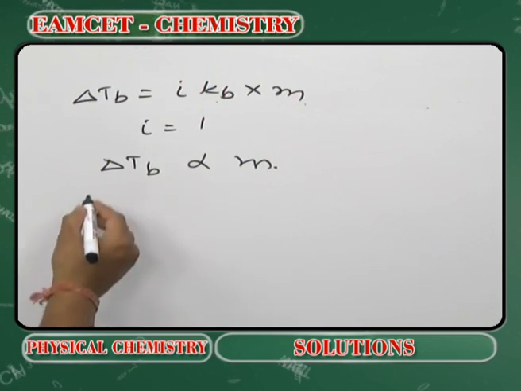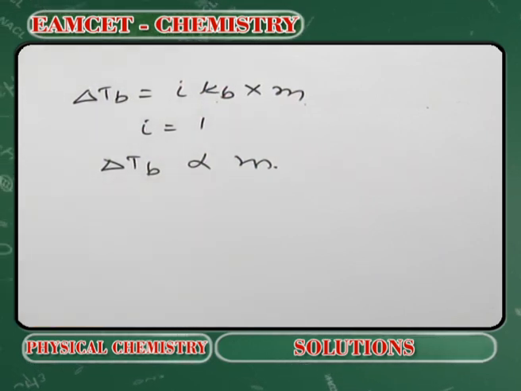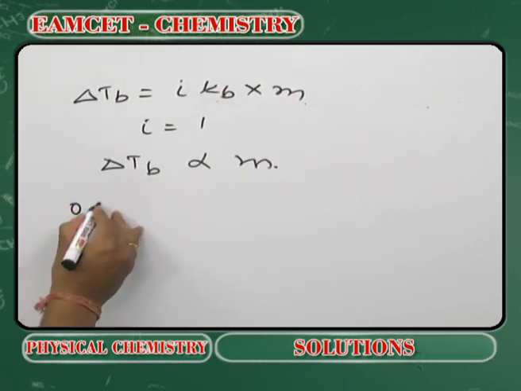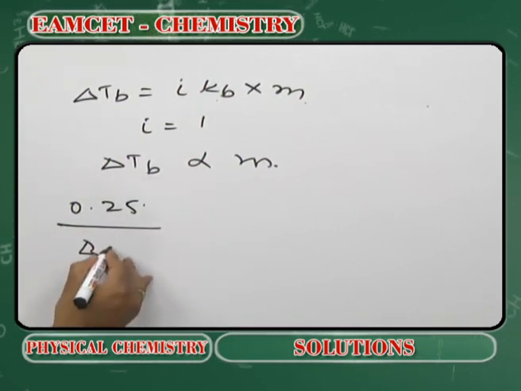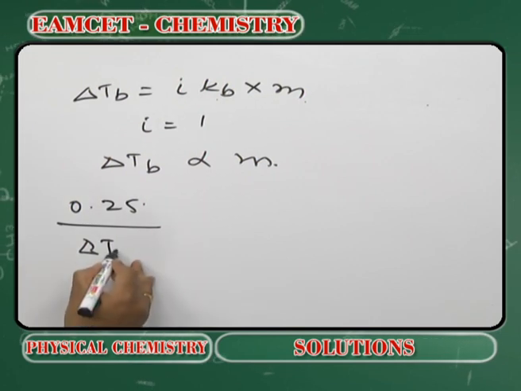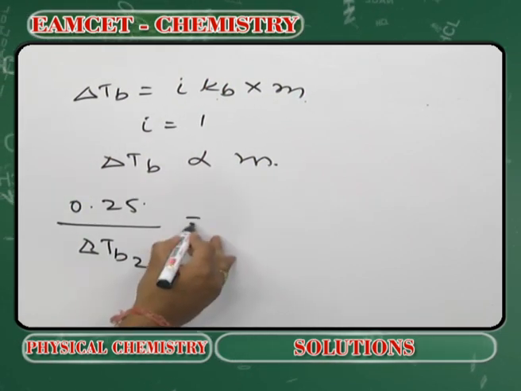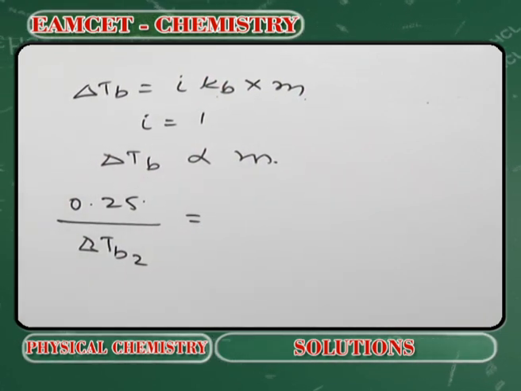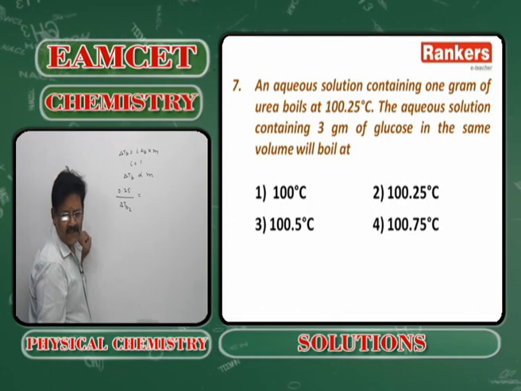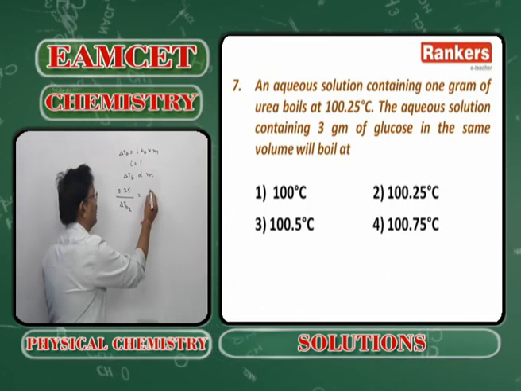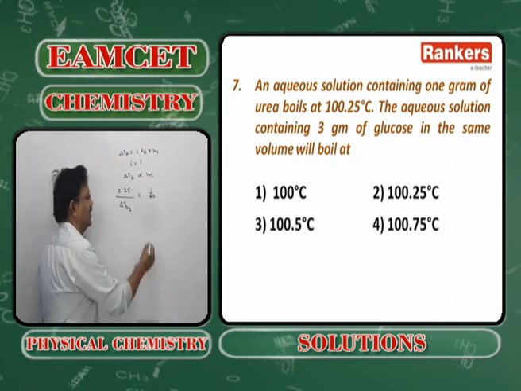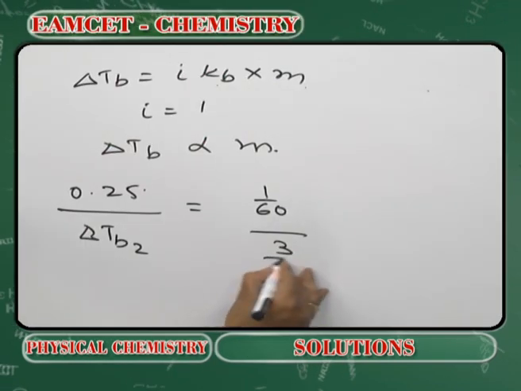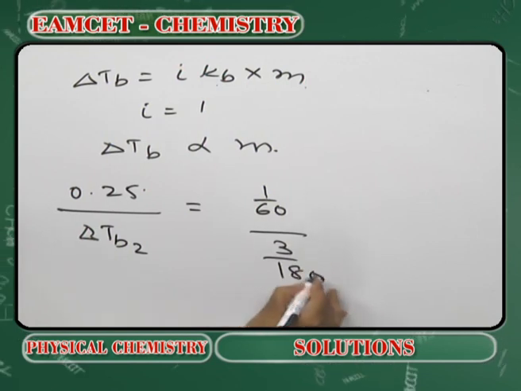Now, what is delta TB1? 0.25. For delta TB2, the number of moles of the urea is 1 by 60, and the number of moles of the glucose is 3 by 180.